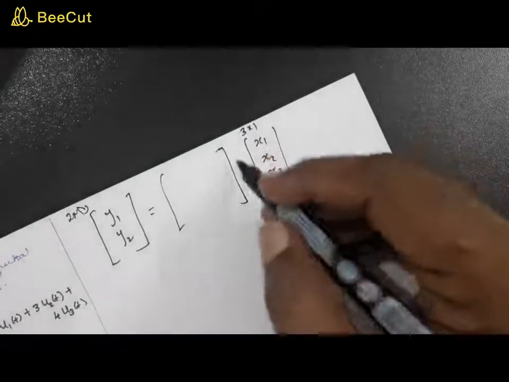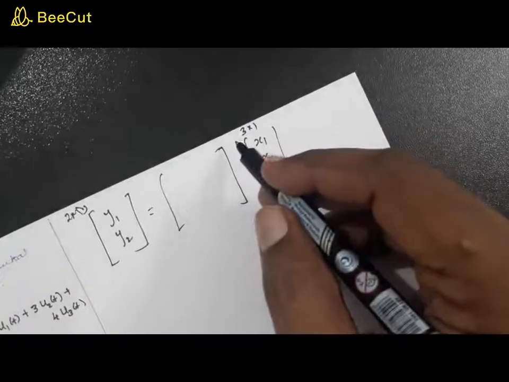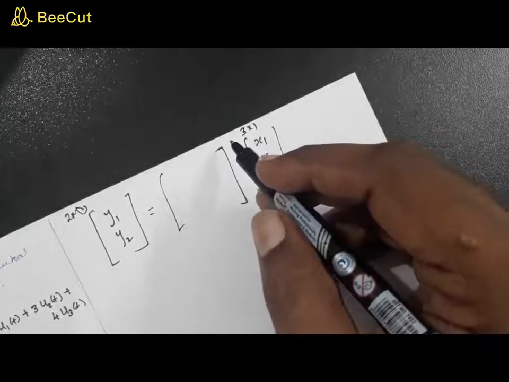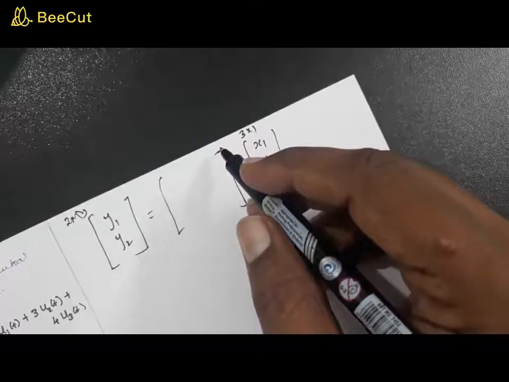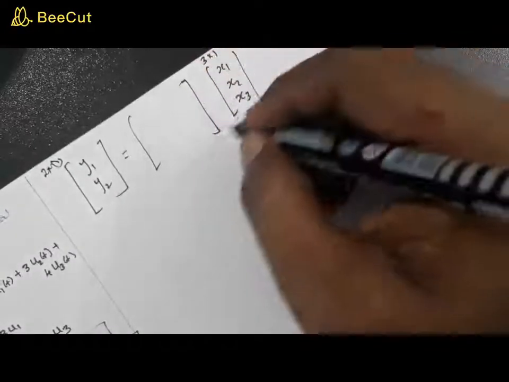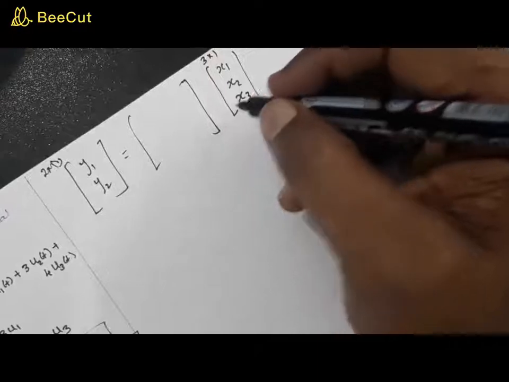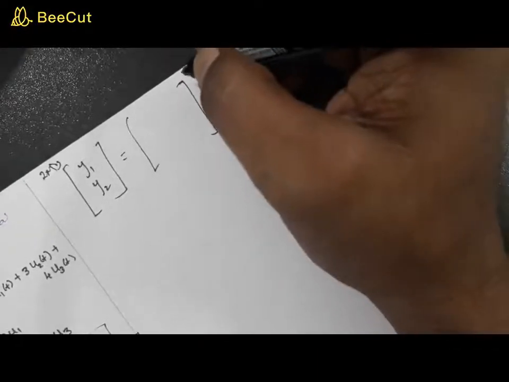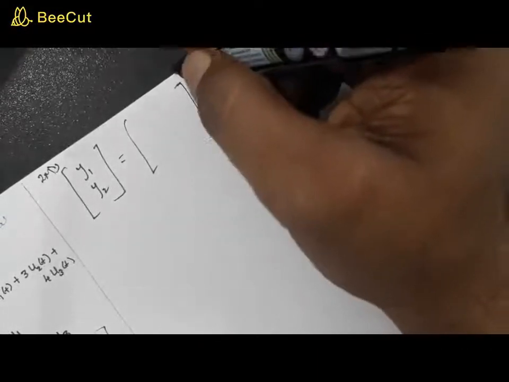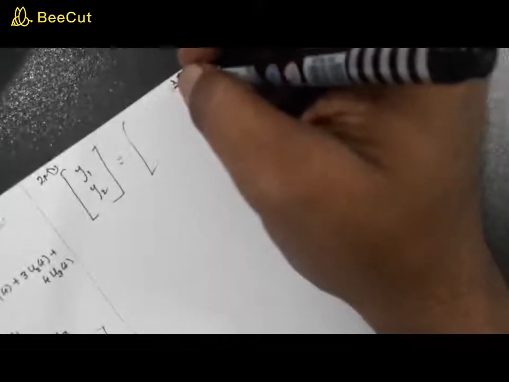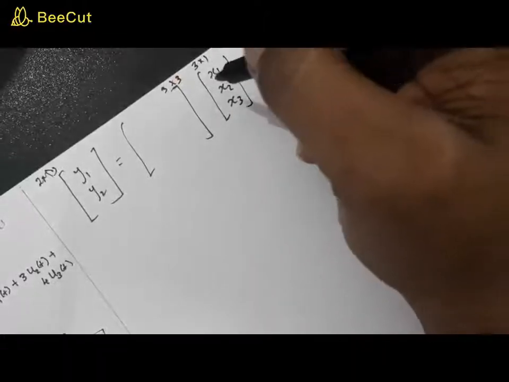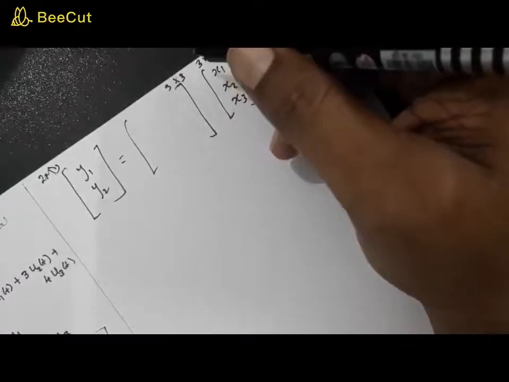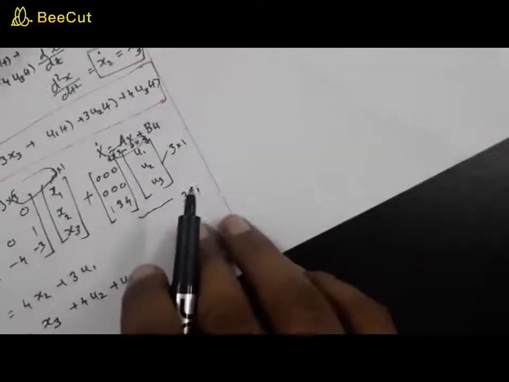Now if you want to multiply these two matrices, this must be a 3 into 3 matrix, because y1 and y2 are expressed in terms of x1, x2 and x3.